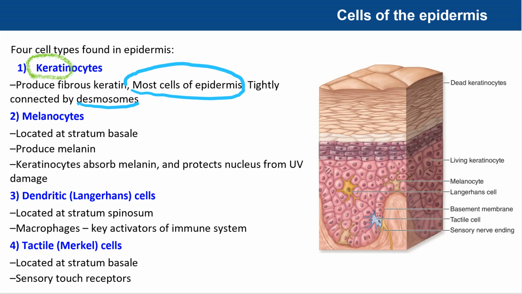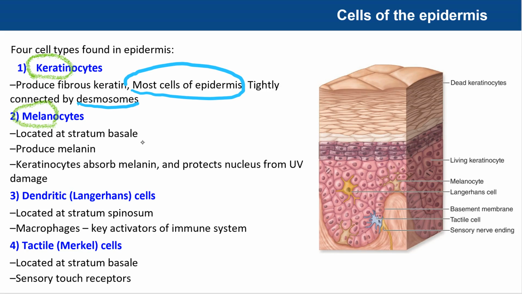The other cells which we have in the epidermis, which can be found in the stratum basale, the deepest layer, are melanocytes. Again, melanocyte function is also obvious.